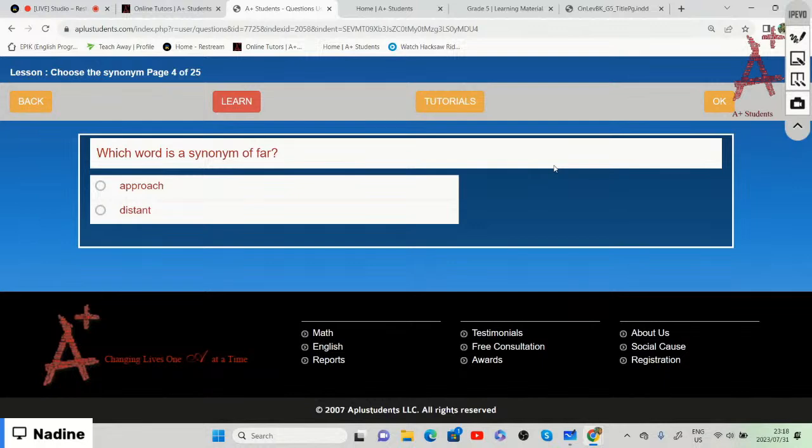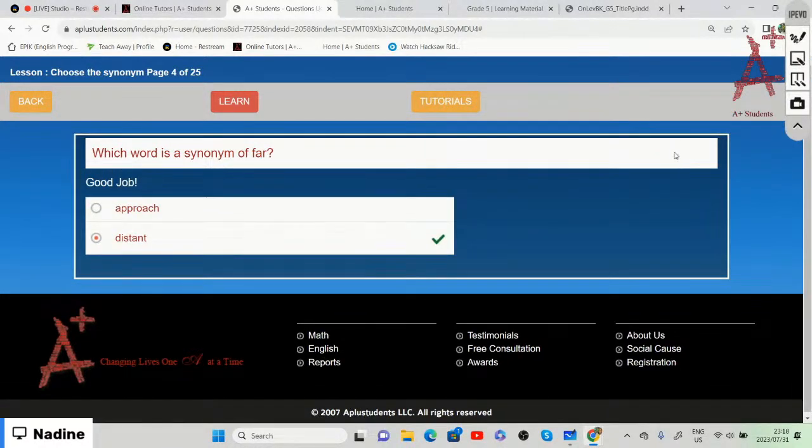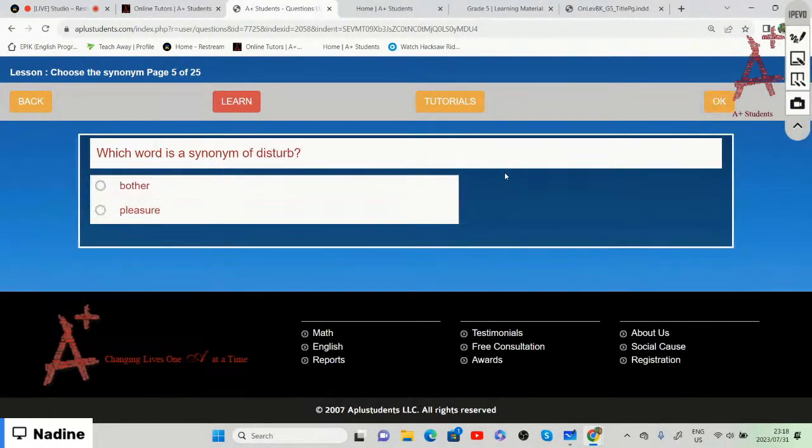Okay, so if we were to get the synonym of far, then it means that the synonym of far is distant, right? Because approaching is as if it is closer or it's coming nearer to you, right? But far means that it is still distant, right?